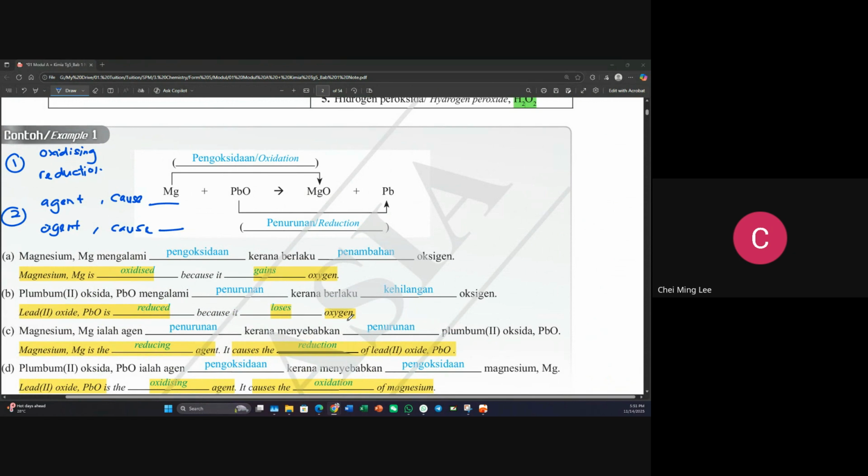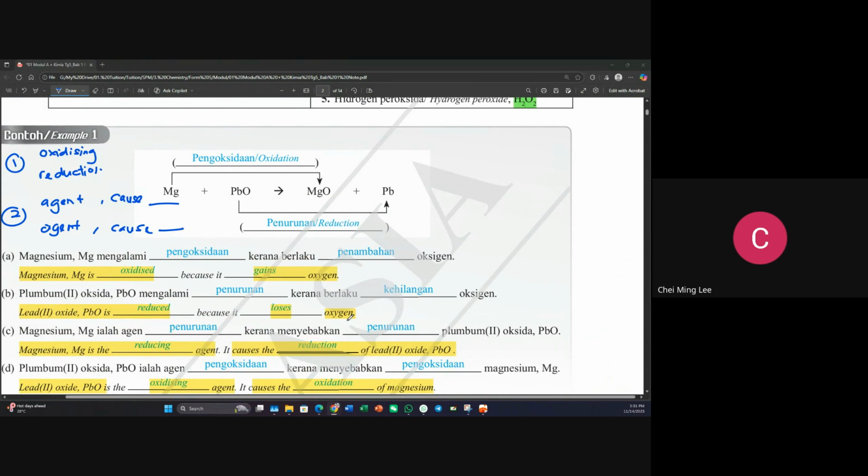So from here, magnesium is the reducing agent, which causes the reduction of lead 2 oxide. The agent that causes the reactant to be reduced is the reducing agent. Now, lead 2 oxide is the oxidizing agent, which causes the oxidation of magnesium.